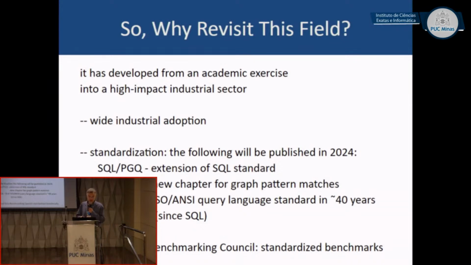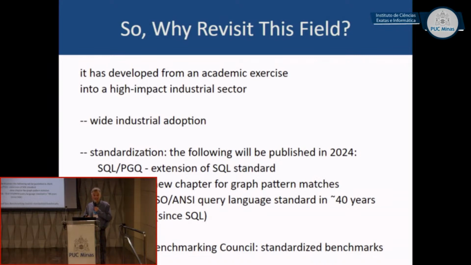One of them is called SQL PGQ, and it is an extension of the SQL standard. So there will be an additional chapter to the official ISO ANSI SQL standard dedicated to graph pattern matching, their semantics, and so on, how they can be manipulated by the rest of the SQL around it.